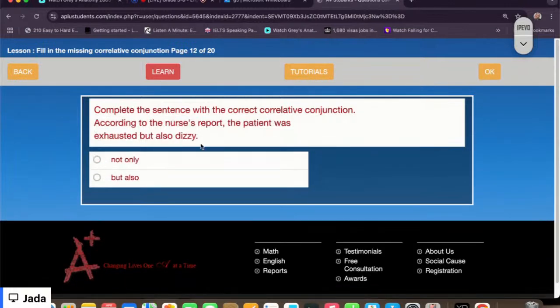Okay. According to the nurse's report, the patient was not only exhausted but also dizzy. So what do you think?